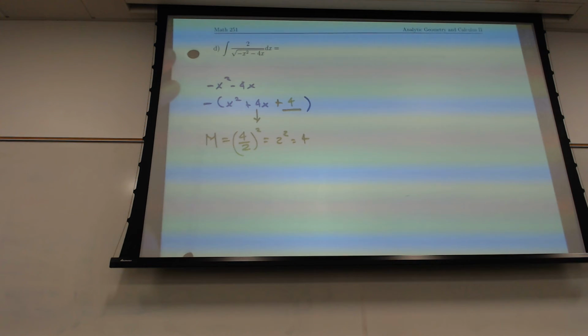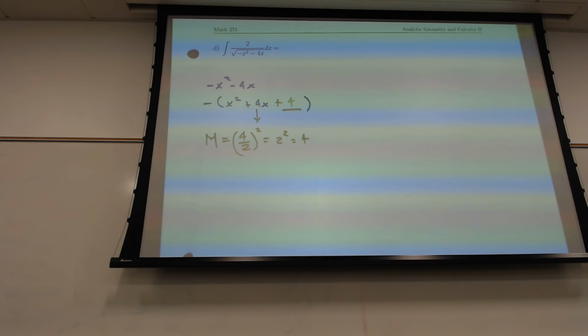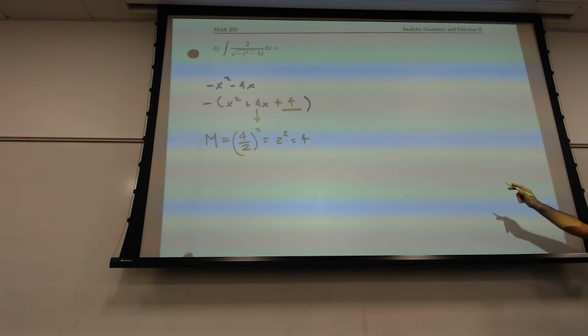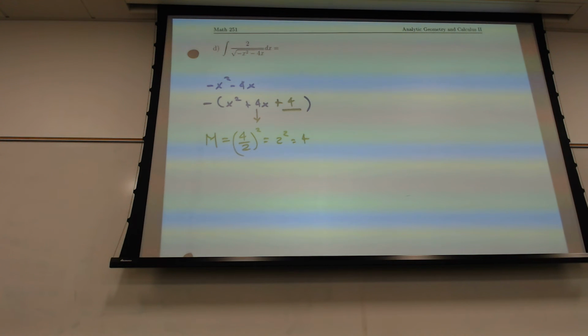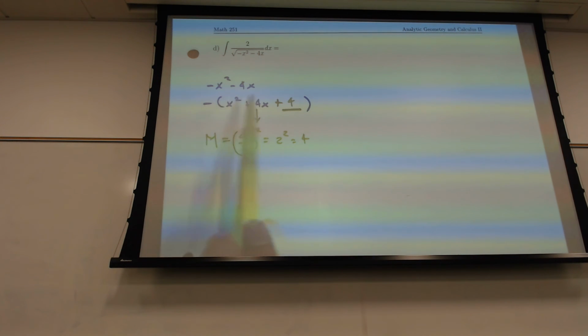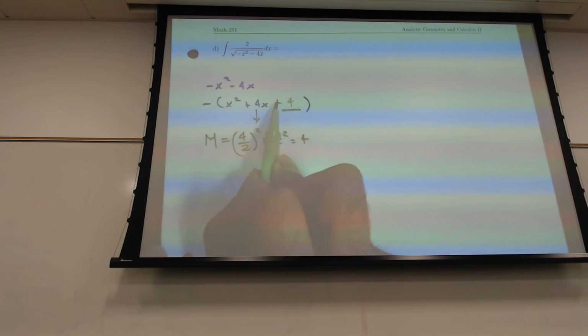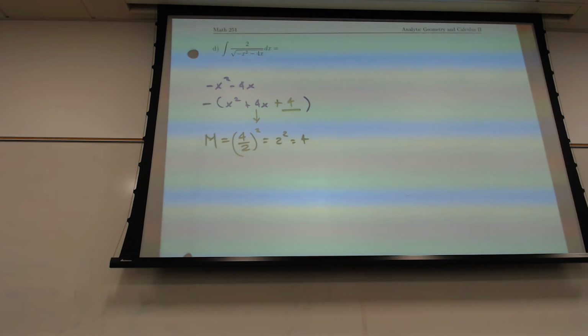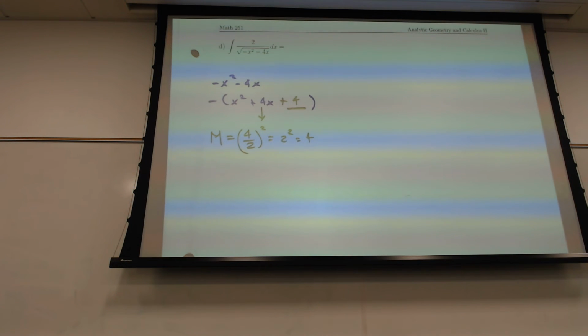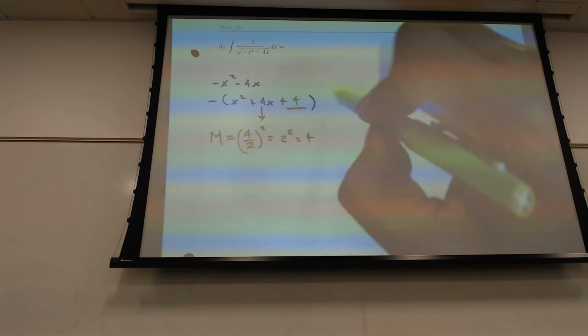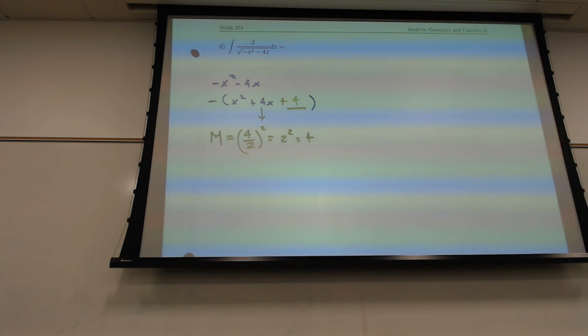All right. But I cannot just add a number like this, because if I do that, I would be modifying the value of this expression. So what am I doing? I'm subtracting a 4. I need to do the reverse in order to keep the integrity of the original expression. If I subtracted a 4, what do I need to do afterwards in order to keep it the same?